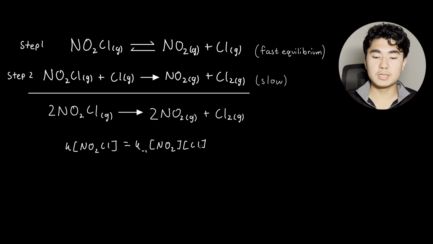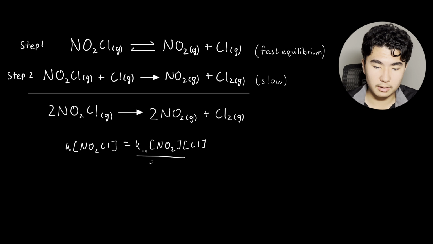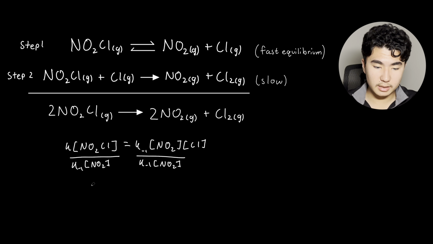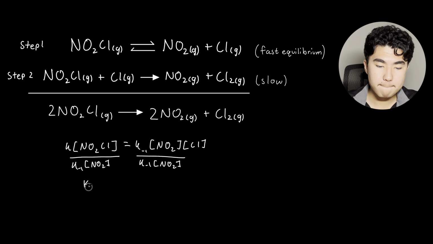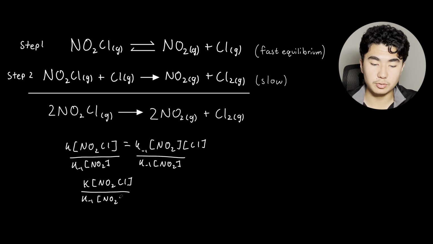Now we want to isolate for Cl, so we just divide both sides by k-1 and [NO2]. Our [Cl] would equal k1 [NO2Cl] over k-1 [NO2], where k-1 is our rate constant for the reverse reaction.